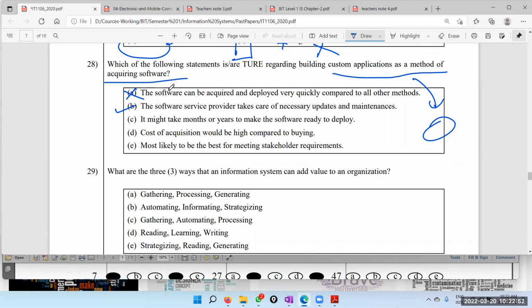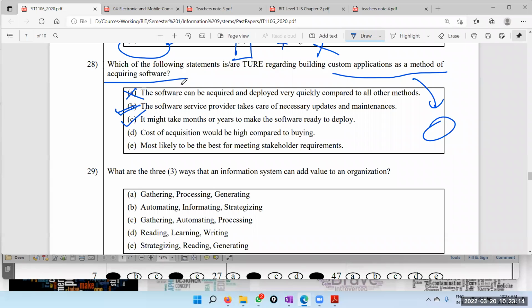So therefore I think that is okay, right? Because when you have custom software for you, there's a better chance of getting support from them because they are the ones who developed it for you, right? I will go for B. It might take months or years to make the software ready. Of course, yes.